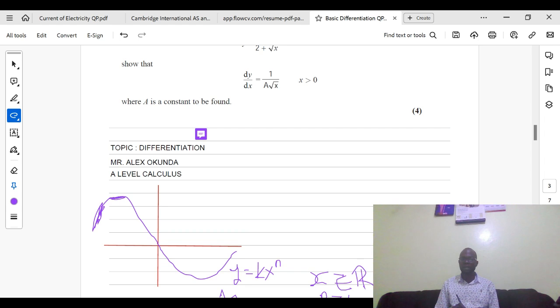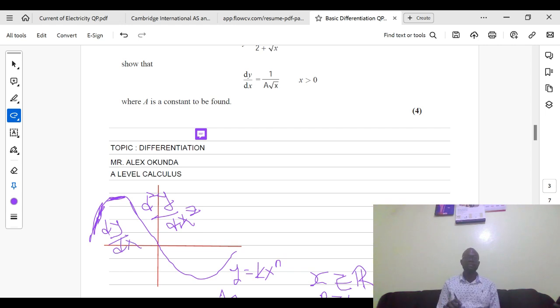And then this is the maximum point. This point is what I am now referring to as d squared y over dx squared. This one means it is the second derivative. This is the first derivative, dy/dx.